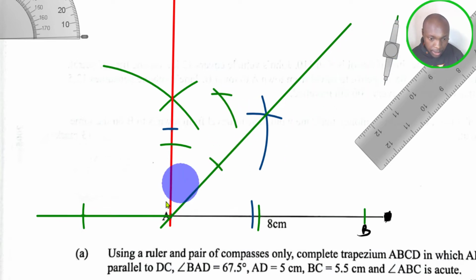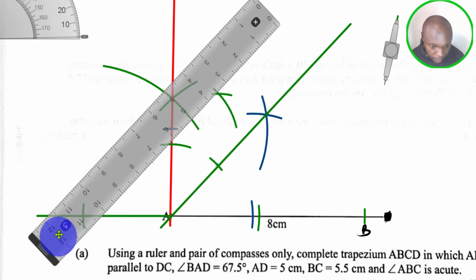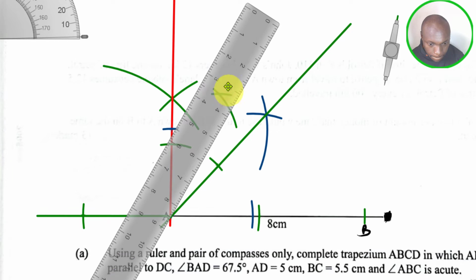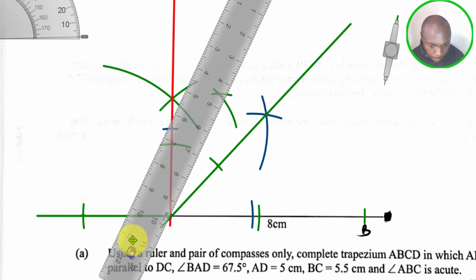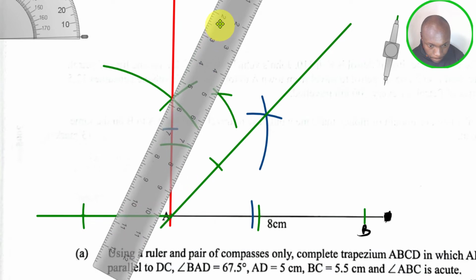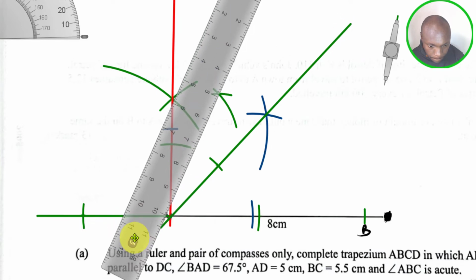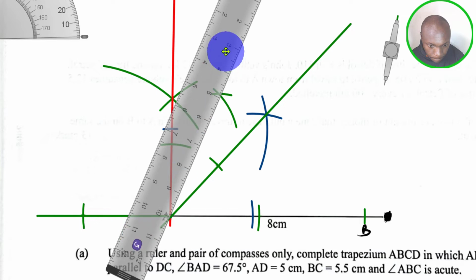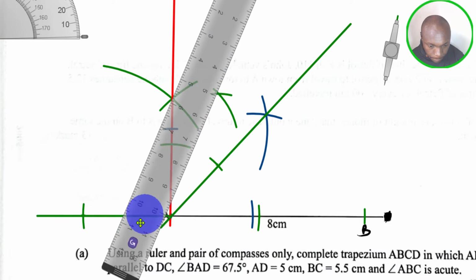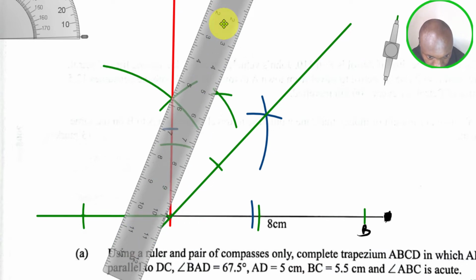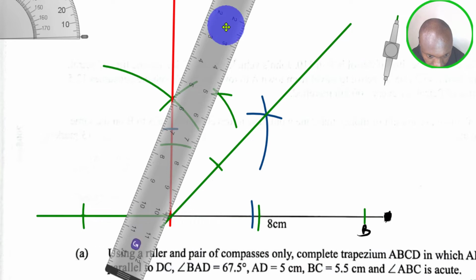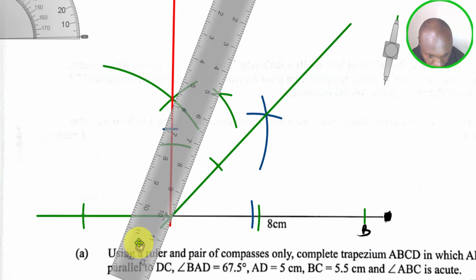So that is how you bisect. I'm bisecting this angle. Then take a ruler and join. I must ensure that the line passes through the center of those arcs.